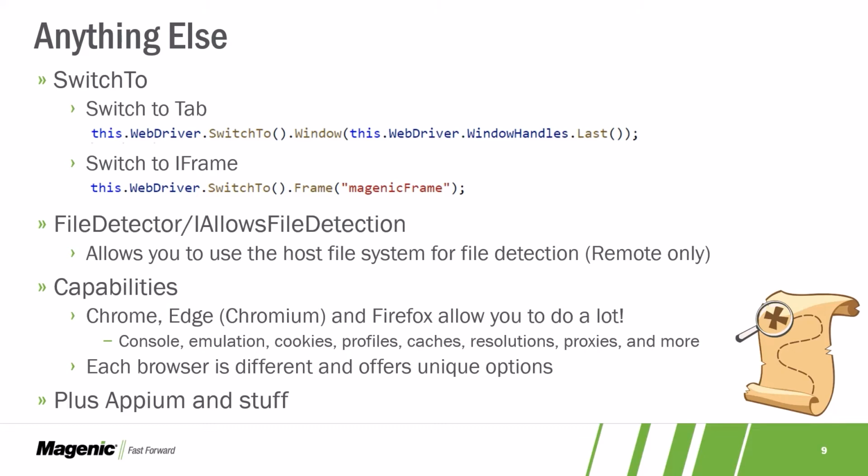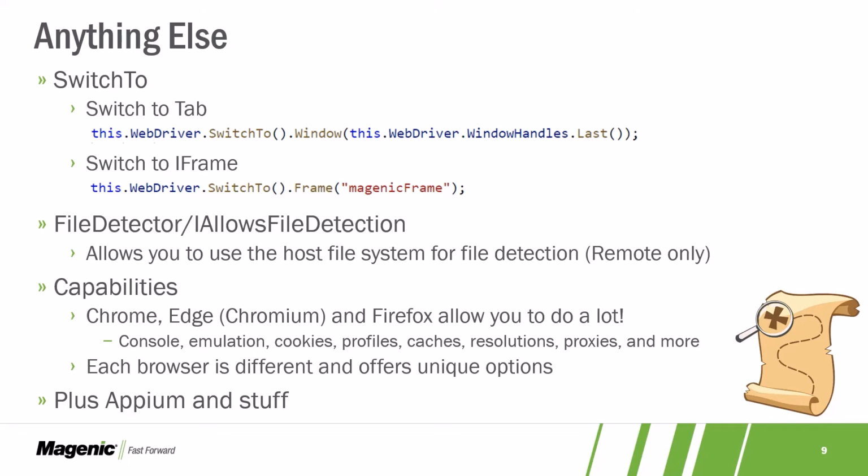Switching between tabs, super easy. It does make your code a little bit harder to manage if you're jumping between tabs, but to get the power to jump between tabs, there's going to be some work there. Kind of a similar thing with iframes. They use basically the same structure for how you can go between iframes and between tabs.